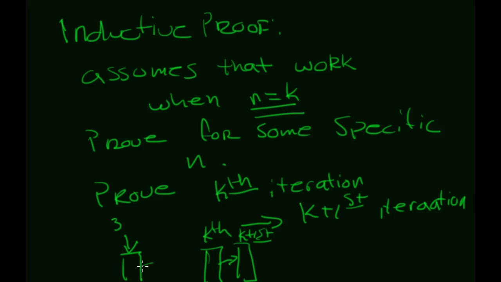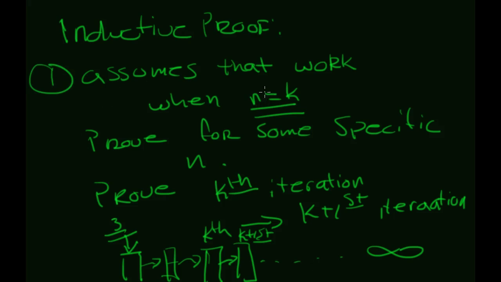So the third one is going to make the fourth one fall, the fourth one will make the fifth one fall, and so forth and so on, out to infinity. So that means that every domino from the third one forward will have fallen if I have these three things.